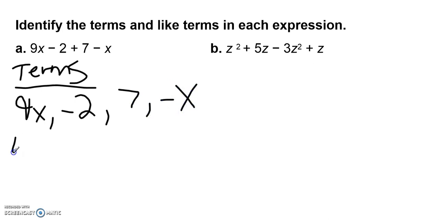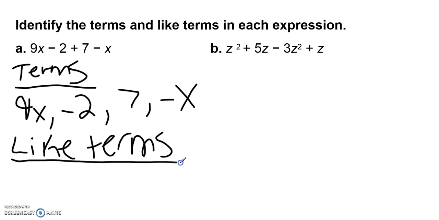And then the like terms are 9x and... I thought it was 2x, but it's actually just x. And -x, and then we have -2 and 7, because these both have x's and these are both constants.